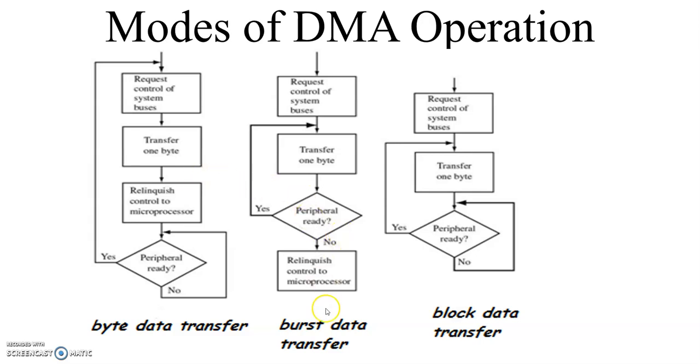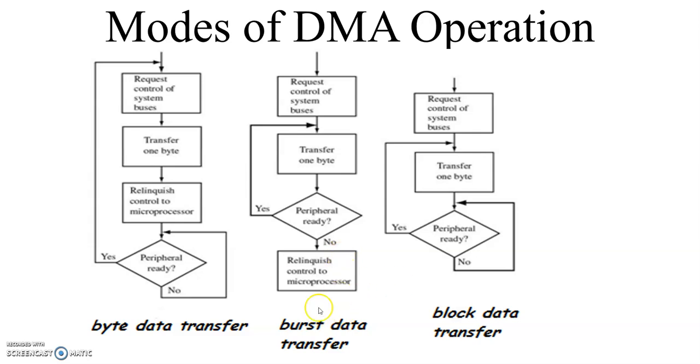In the case of burst data transfer, the DMA requests the address, data and control buses, then transfers one byte, and checks whether the peripheral is ready to transfer another byte. If it is so, using the bus, it transfers the data, and after completing all the data transfer, it releases the buses.